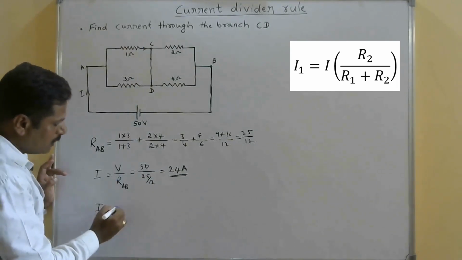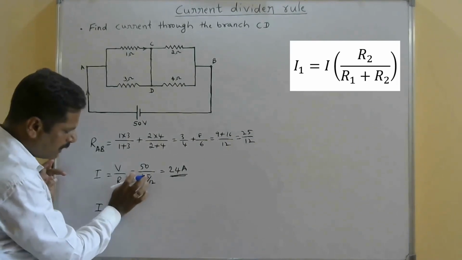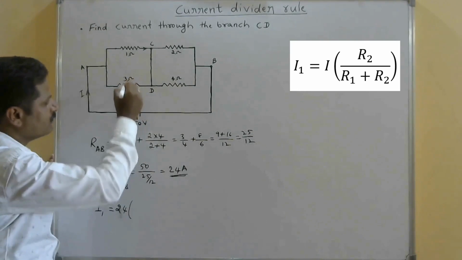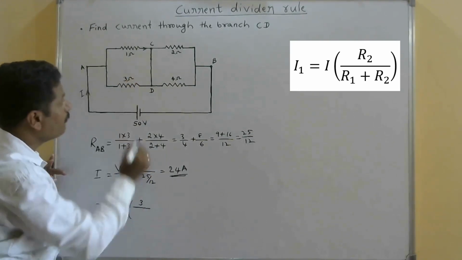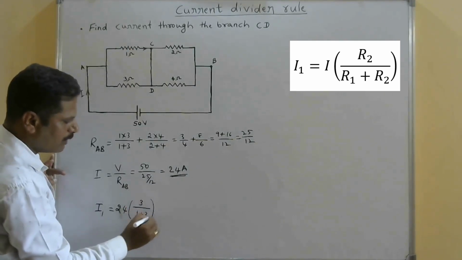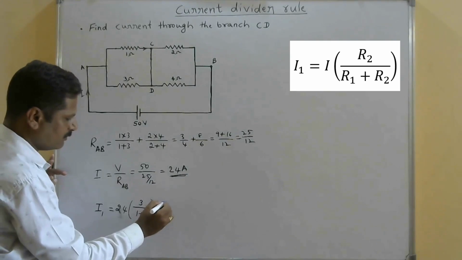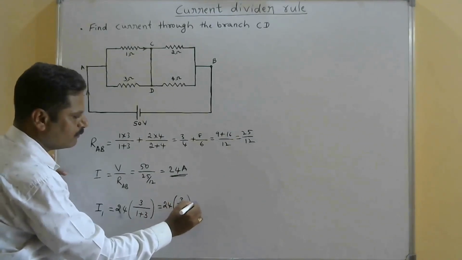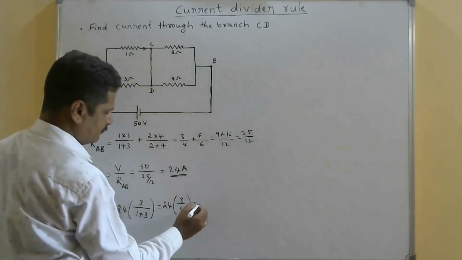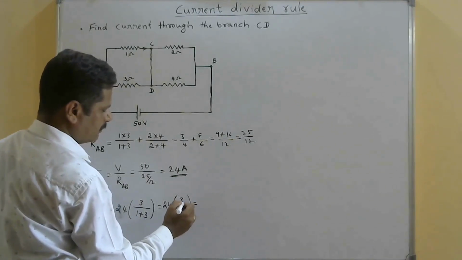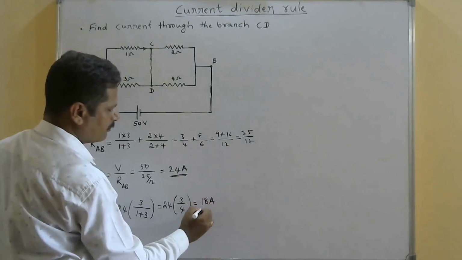I1 is equals to total current, that is total current is 24 amps into opposite resistance is 3 ohm divided by total resistance 1 plus 3 according to current divider rule. This can be written as 24 into 3 by 4, and this is equals to 18 amps.